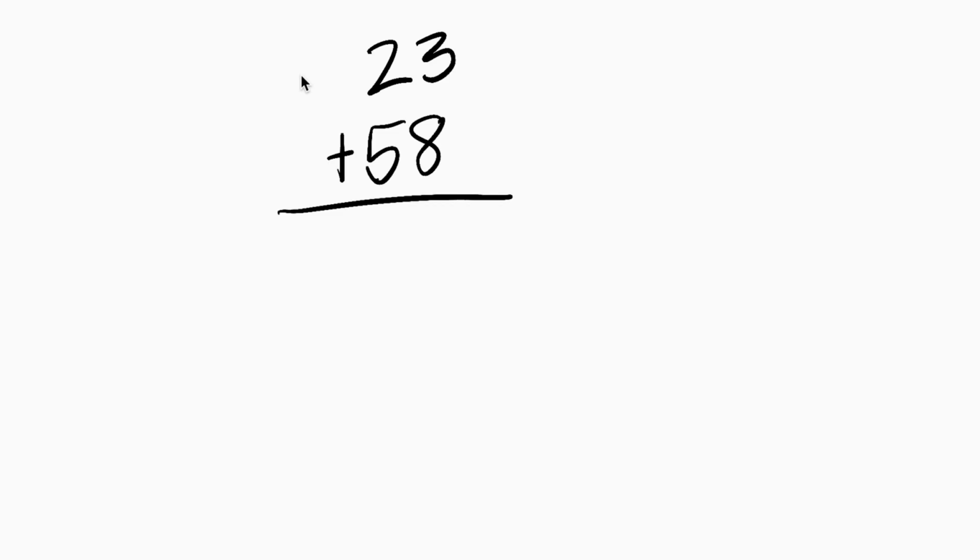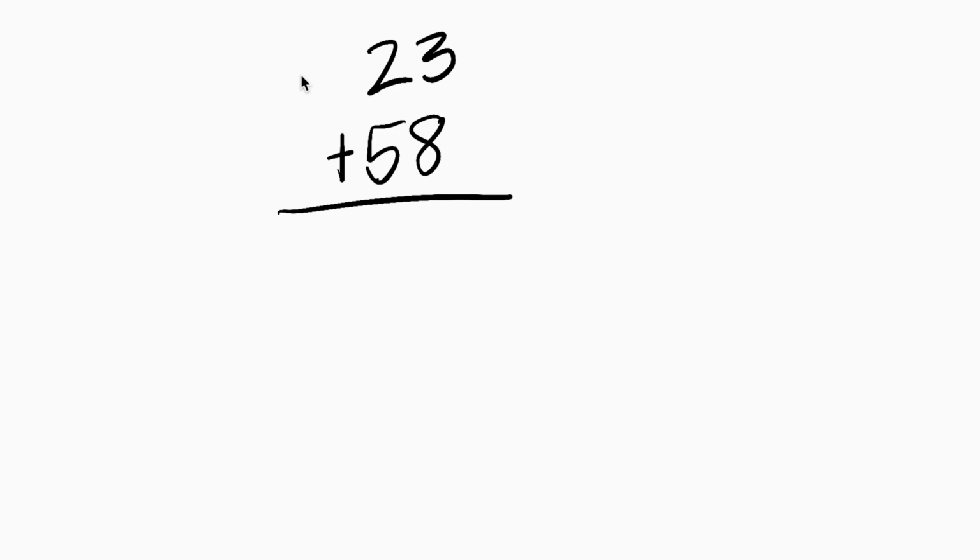So which one is closer? This one is a little tricky because they're very close to both being the closest to the next 10. Okay, 23 is 3 away from the 10, and 58 is 2 away from a 10. So we're going to go with 58.